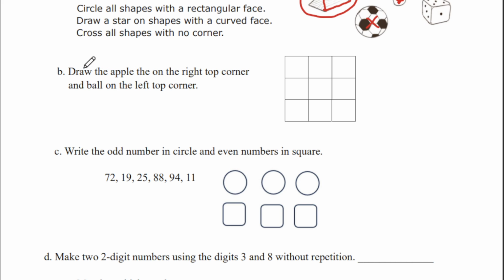Next, draw an apple on the right top corner. I'm looking from here. So this is my right hand side and this is my left hand side. Now draw an apple on the top right corner.